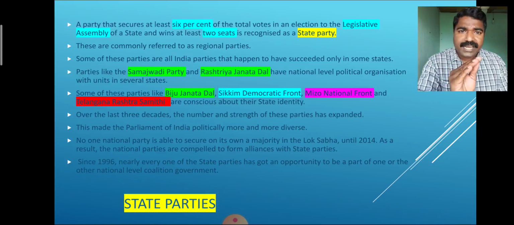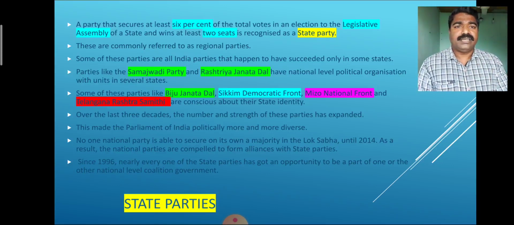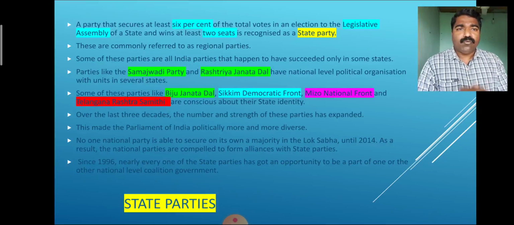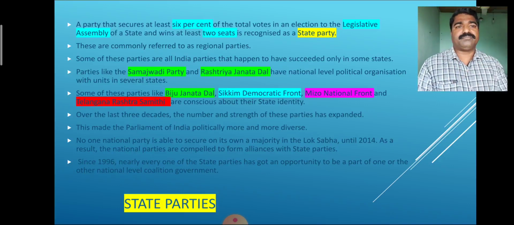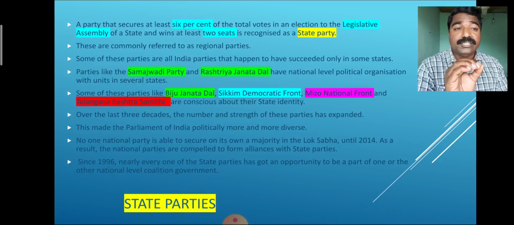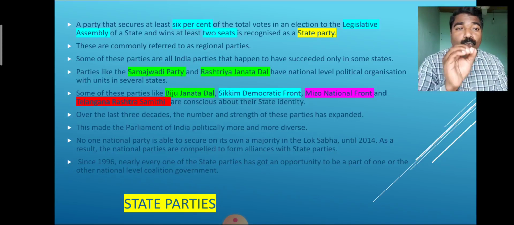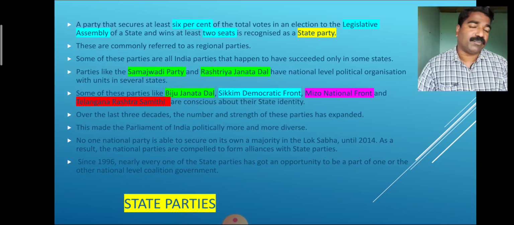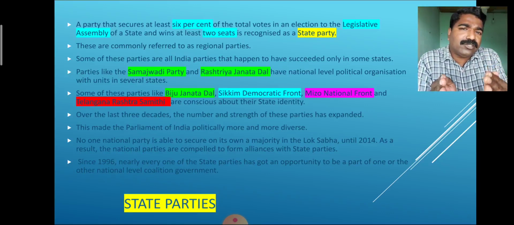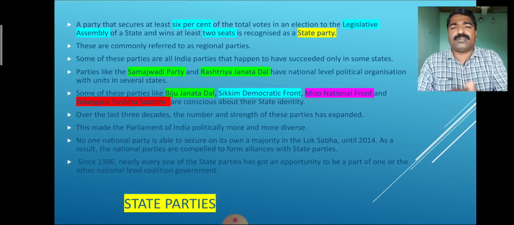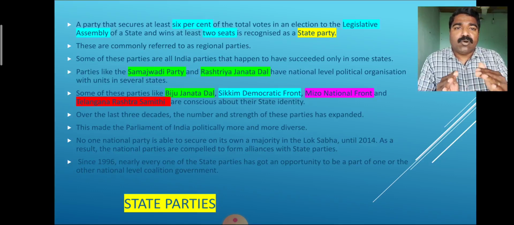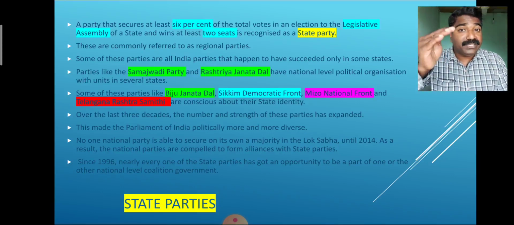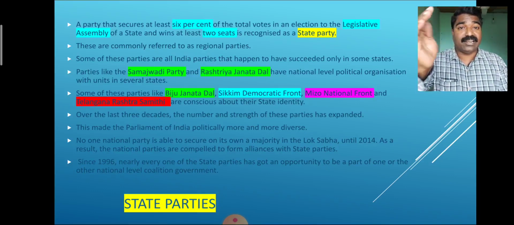Since 1996, nearly every one of the state parties has got an opportunity to be a part of one or the other national level coalition government. State parties are becoming part of the coalition government at the national or central level in India.